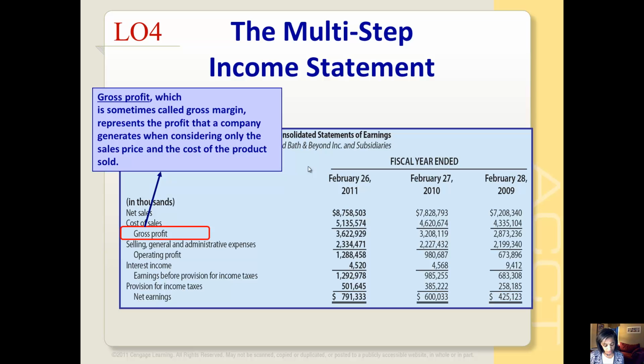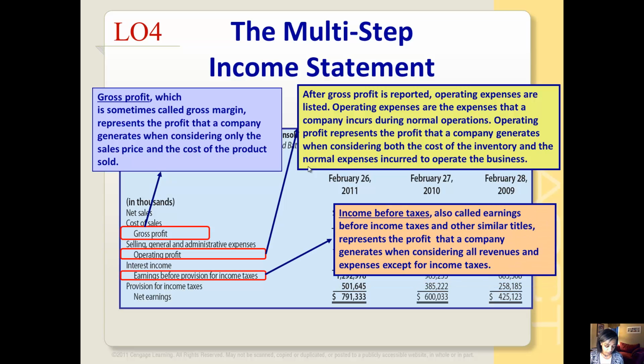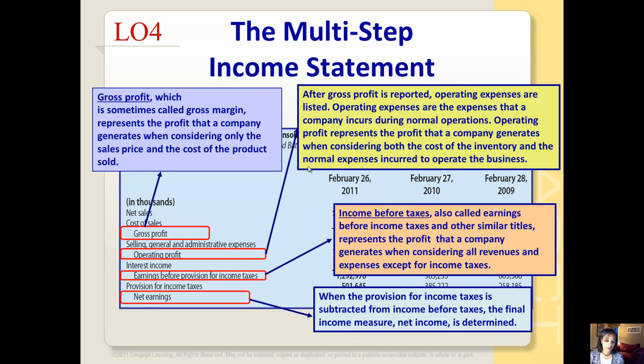However, most include these four key subtotals of income: gross profit, operating profit, income before taxes, and net income. So the result is that these subtotals provide information on the profitability of various aspects of the company's operations. So here you can see those four different subtotals.